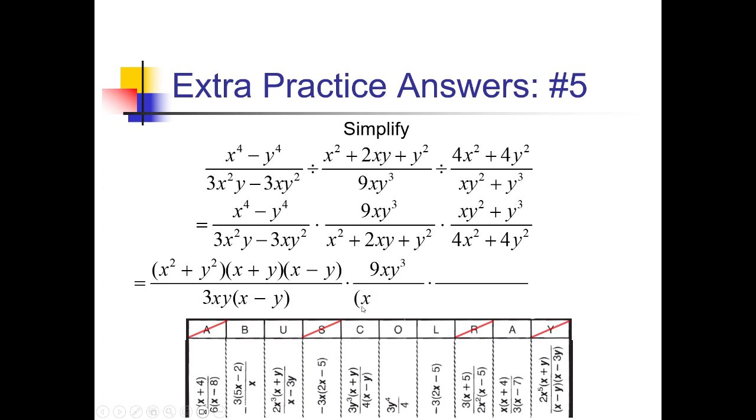So x plus, because we have a positive middle term, plus y, quantity squared. And if I multiply xy together and double it, I do get 2xy, so that's good. For the upper right now, I can take out just a y squared, nothing else. That leaves me with x plus y. And down below here, I can take out a 4, leaving me with x squared plus y squared.